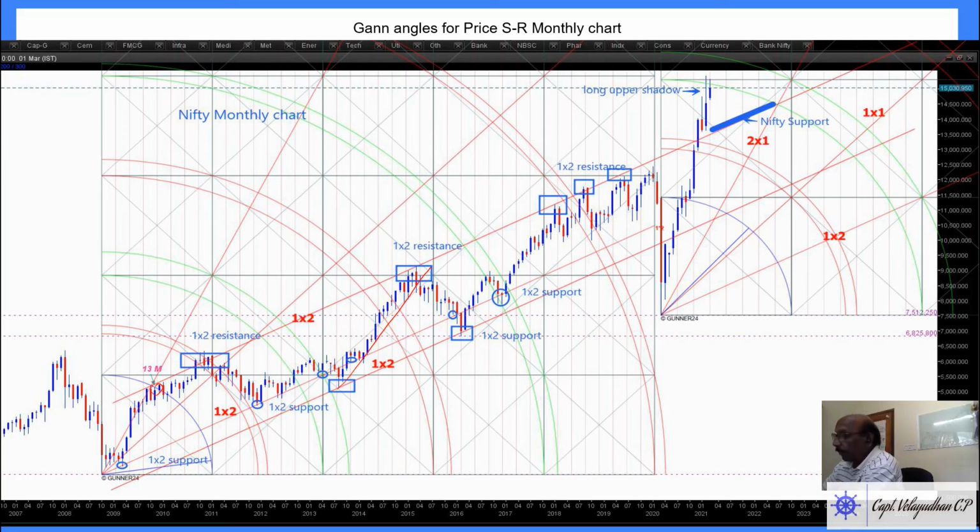This momentum was strong, it breached and went above, but next month it showed weakness with a higher upper shadow. February month also price attempted to move up and made a higher upper shadow. Even though it closed positive, this higher upper shadow is a weakness in the market.